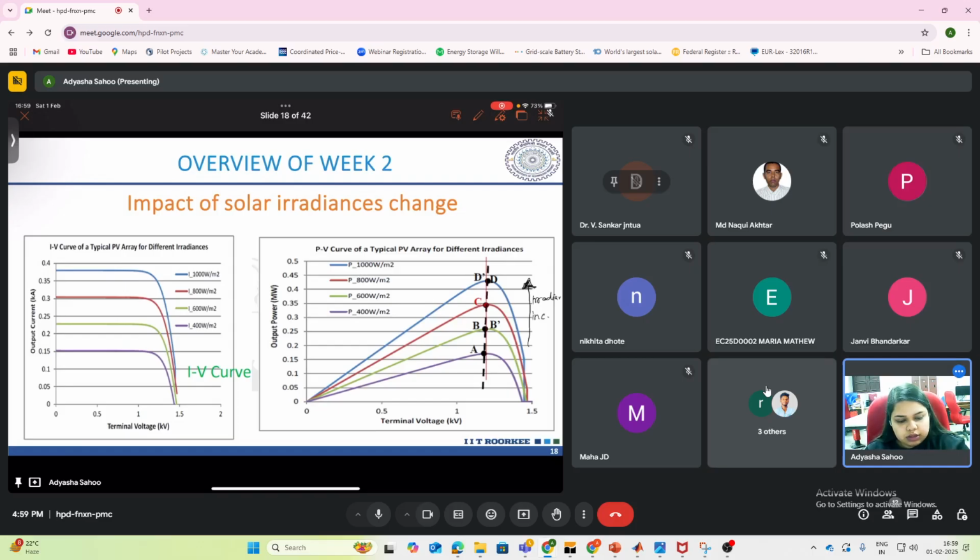So this is the maximum output power that can be derived from the cell. And here in the current, you can see as the irradiance increases in this direction, the output current is also increasing.